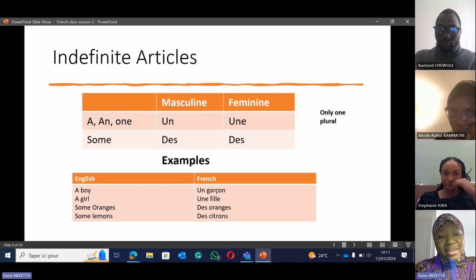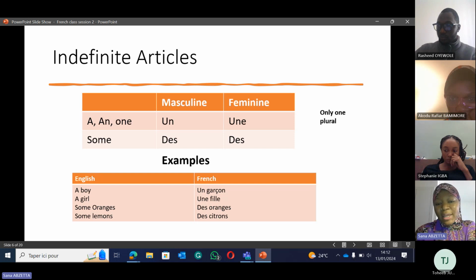In English, you have "a", "an", or "one" to define the singular indefinite article. In French, you can use un when it's masculine and une when it's feminine.